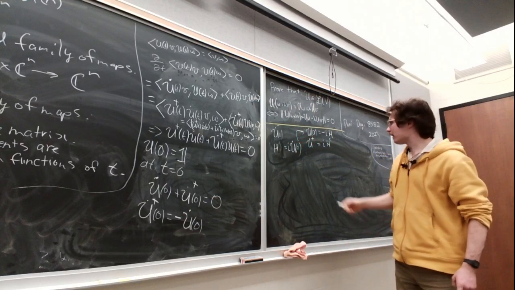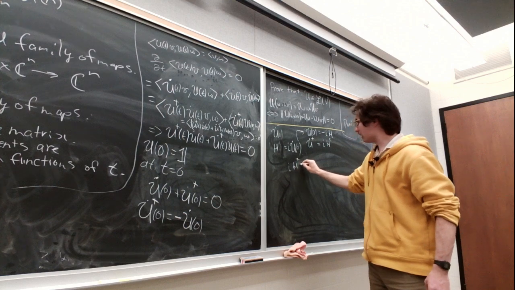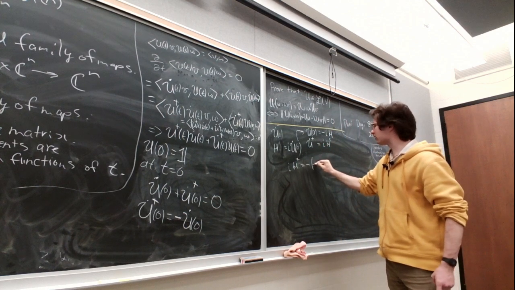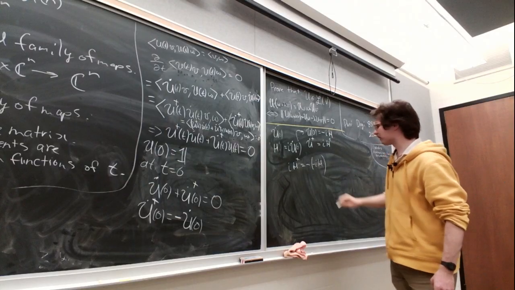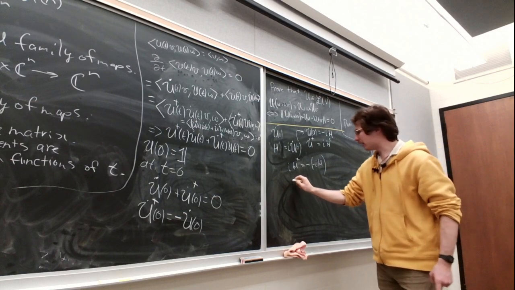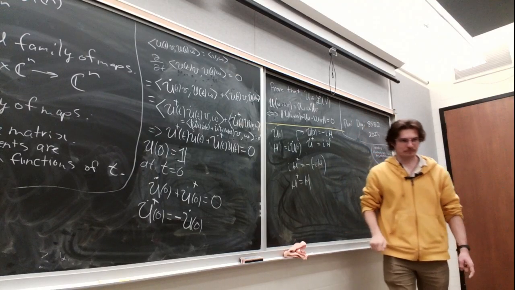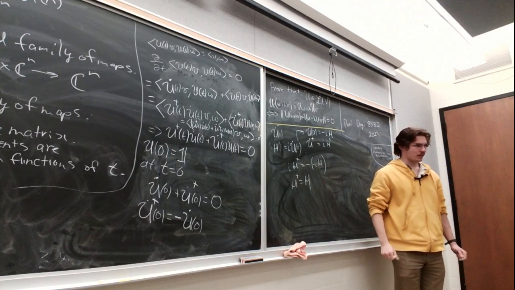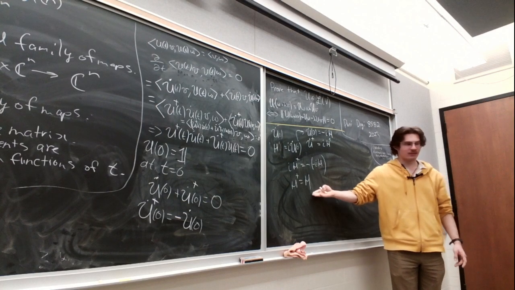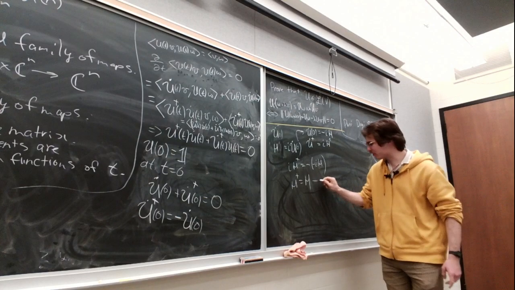U dot dagger is i h dagger, which is equal to minus u dot, which is equal to minus of minus i h. The i's cancel out, and therefore we get h dagger is equal to h. For the people that were here last week, this is what kind of operator? Self-adjoint. Beautiful.